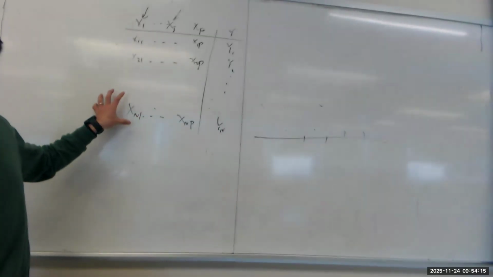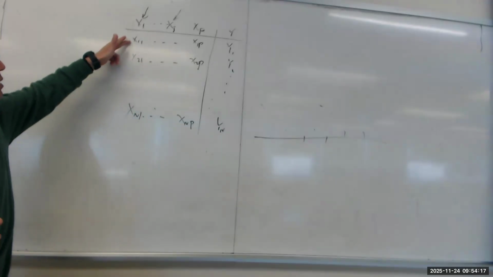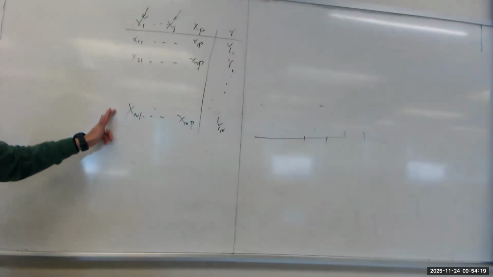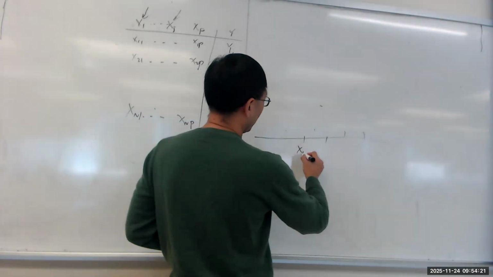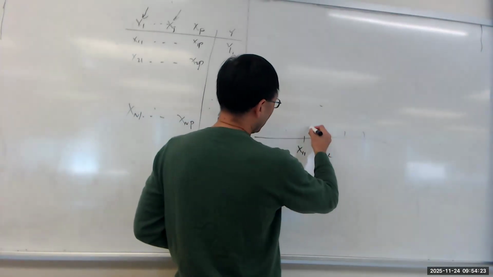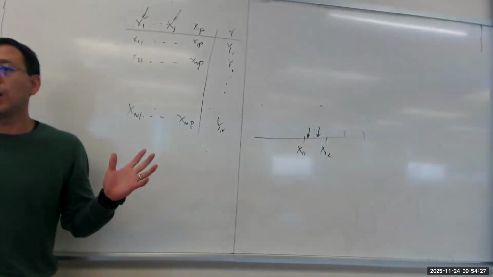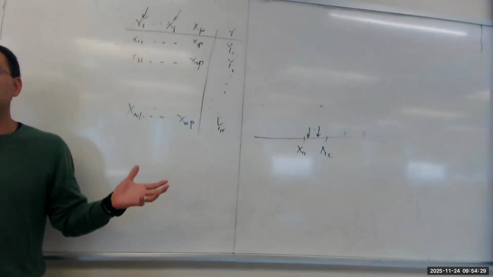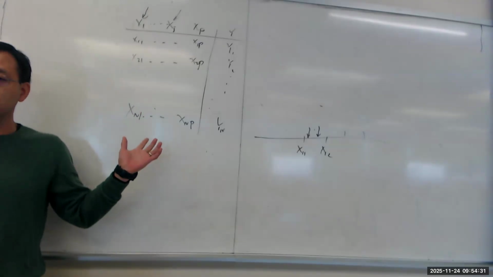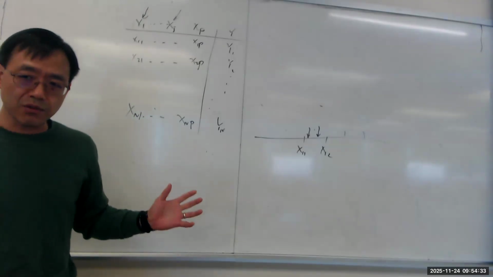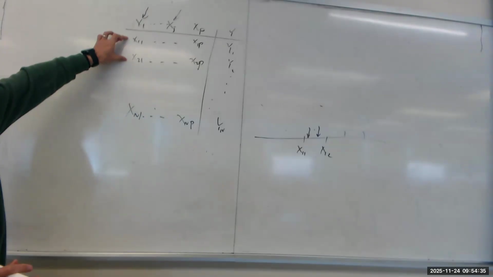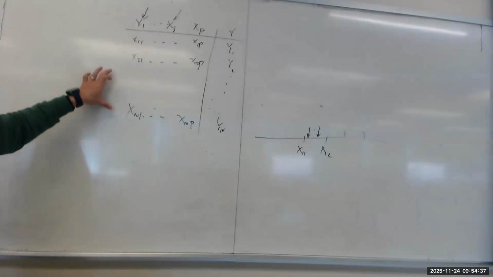However, in terms of the data, the values of x1 are given. So see, this is your x11, this is x12. No matter whether you cut here or here, it doesn't make much difference in terms of your final output for your data set. Therefore, when you scan through, you only need to consider the values already in the data set.